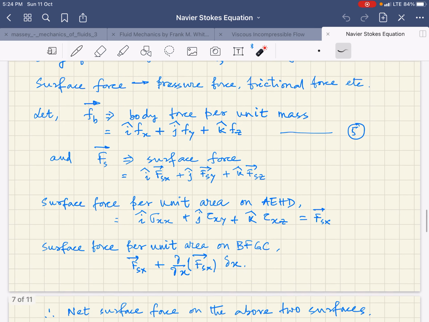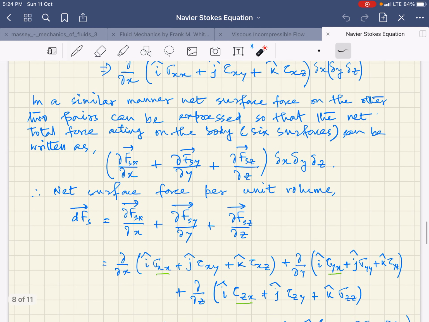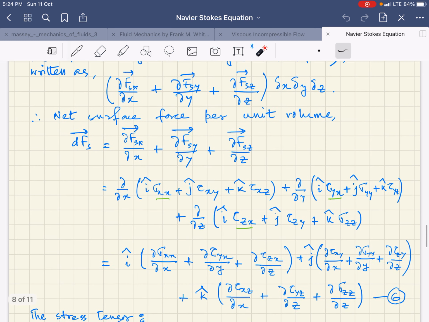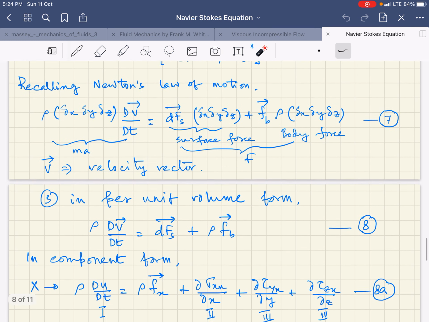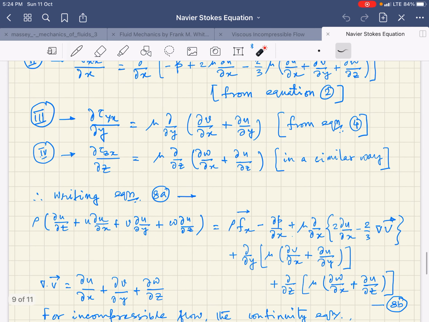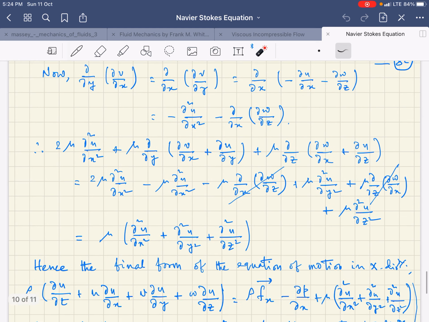And then we did the step-by-step derivation and also by using Stokes' law of viscosity, we ultimately arrived at the equation of motions in differential form.